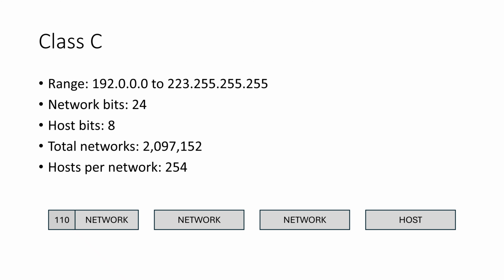Class C was ideal for small companies, offices, or small subnets within a larger organization. But as the internet grew, this wasn't enough, which is why classless addressing like CIDR became necessary later.